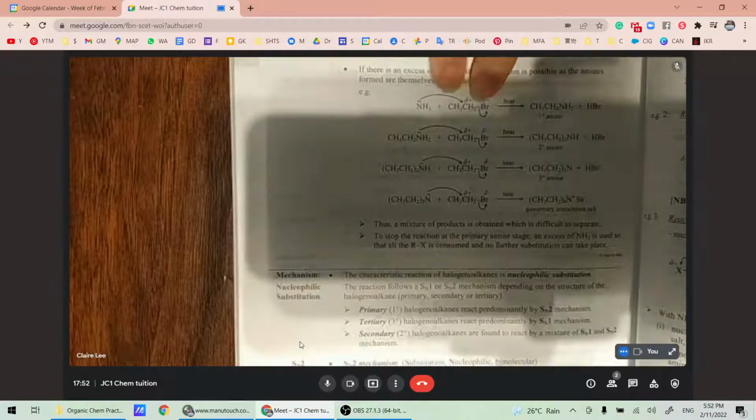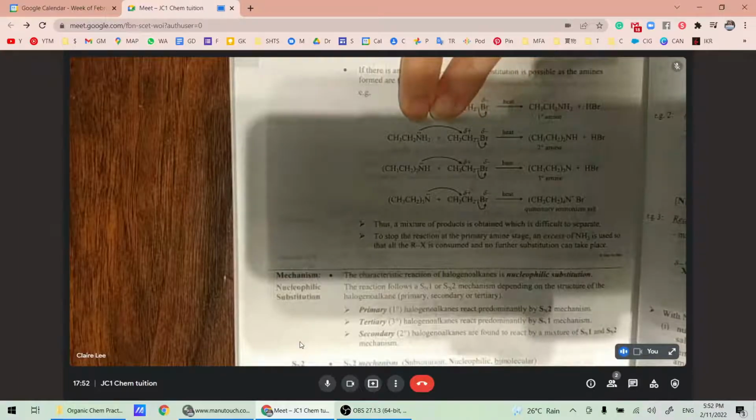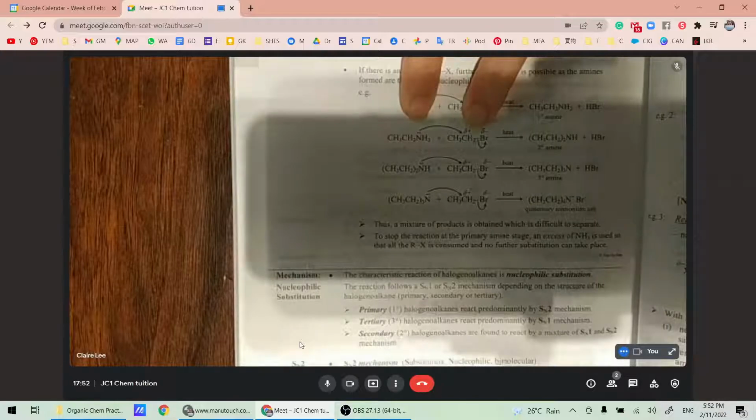Okay, but remember there's this thing called multiple nucleophilic substitution, where after substituting the halogen with ammonia, you form a primary amine. The primary amine will become a stronger nucleophile than the previous one due to the electron donating groups on nitrogen.